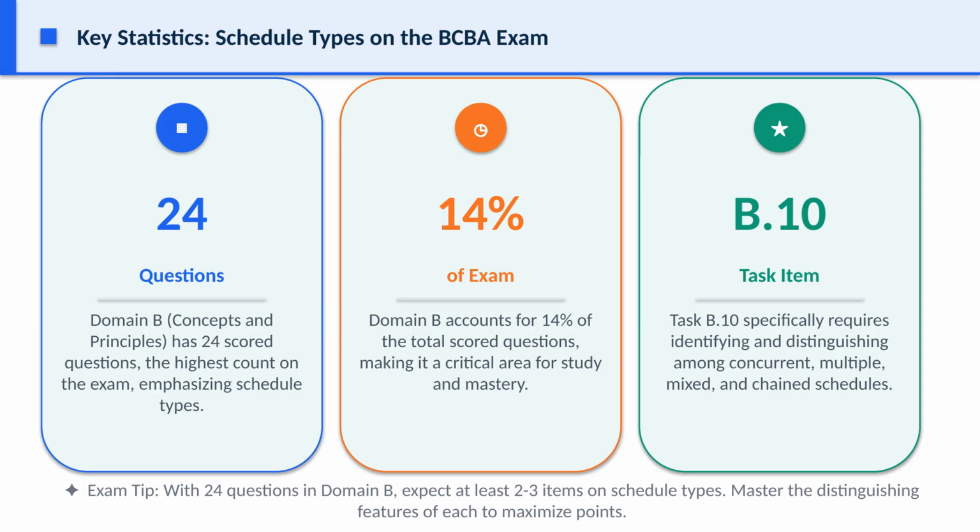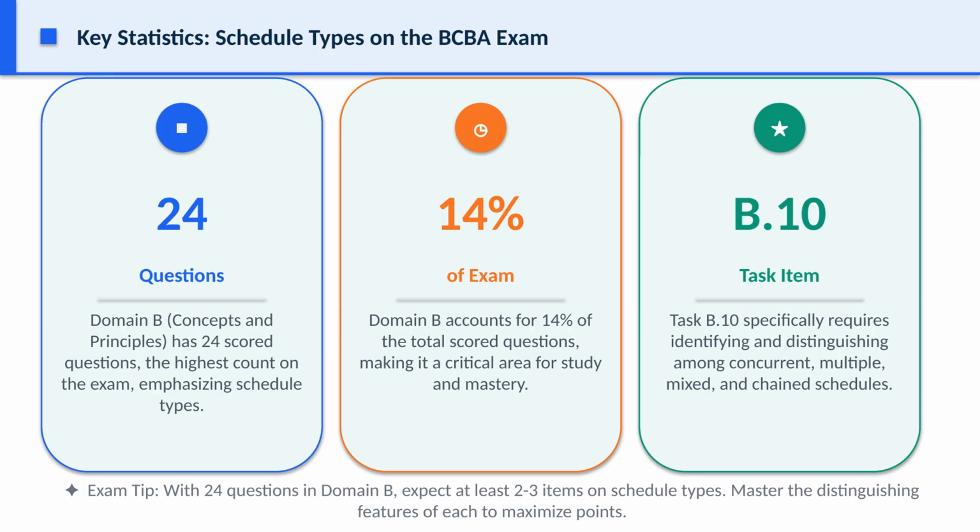Task item B.10 is particularly critical because it requires you to identify and distinguish among concurrent, multiple, mixed, and chain schedules. The exam will test not just definitions, but your ability to recognize each schedule's unique features, such as the presence of discriminative stimuli or whether schedules operate simultaneously or sequentially.